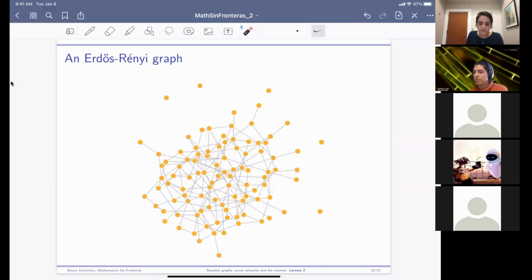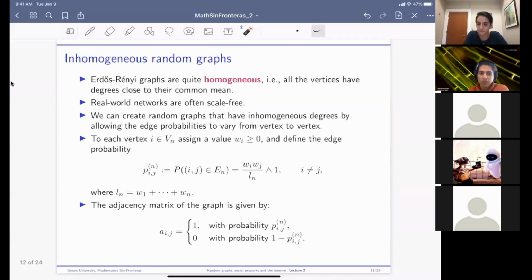So as beautiful and elegant as the Erdős-Renyi model is, sometimes it cannot capture the properties that we see in real world graphs. Because of that, we've come up with many other models that are trying to address that issue.